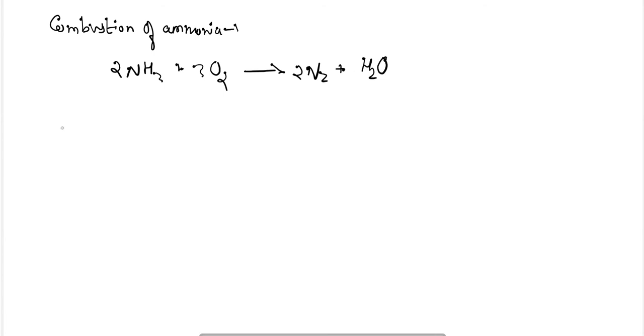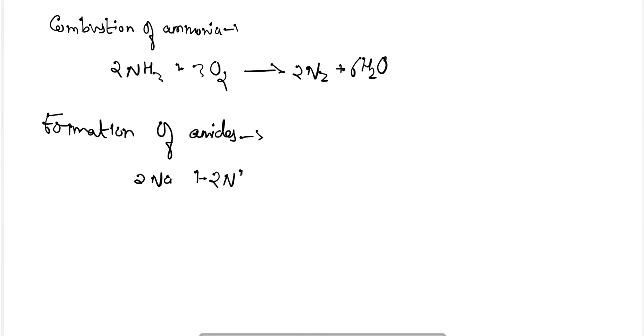Formation of amides: how can we form amides with ammonia? When sodium, or active metals of group 1 or group 2 elements, are reacted with ammonia and heated, they produce NaNH2, and H2 gas will be released.